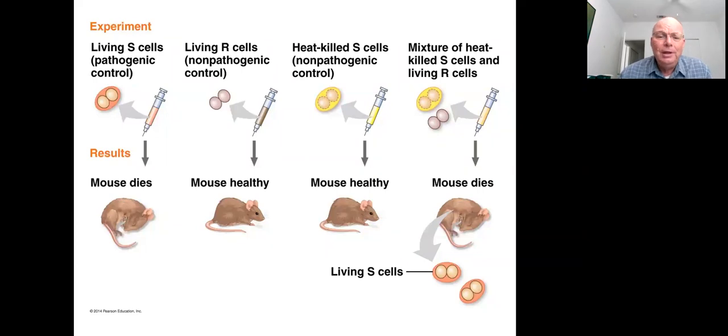And he knew that the heating of a cell and its death was caused by the denaturing of proteins. Proteins were extremely sensitive to heating. We learned that back in chapter 5. If you heat most proteins above 45 degrees Celsius, they lose their shape, they denature. And this is what led to the death of the S cells when they were heated.